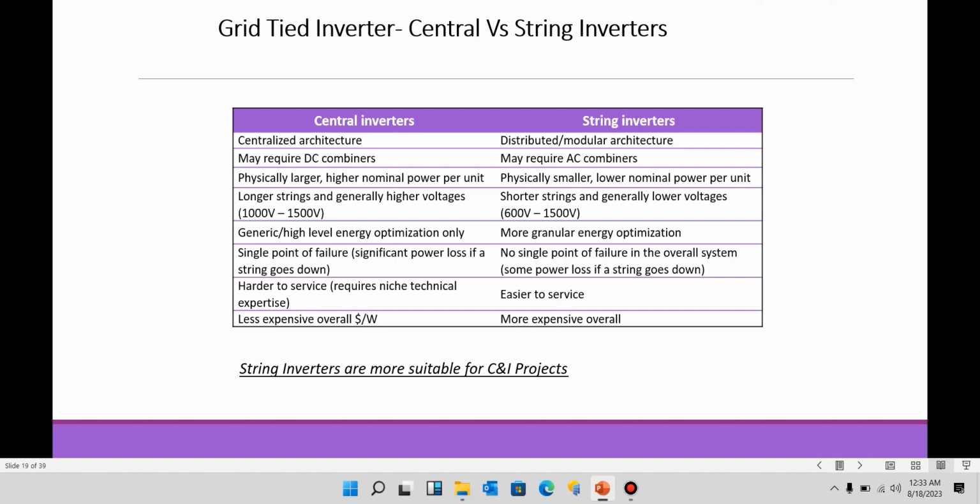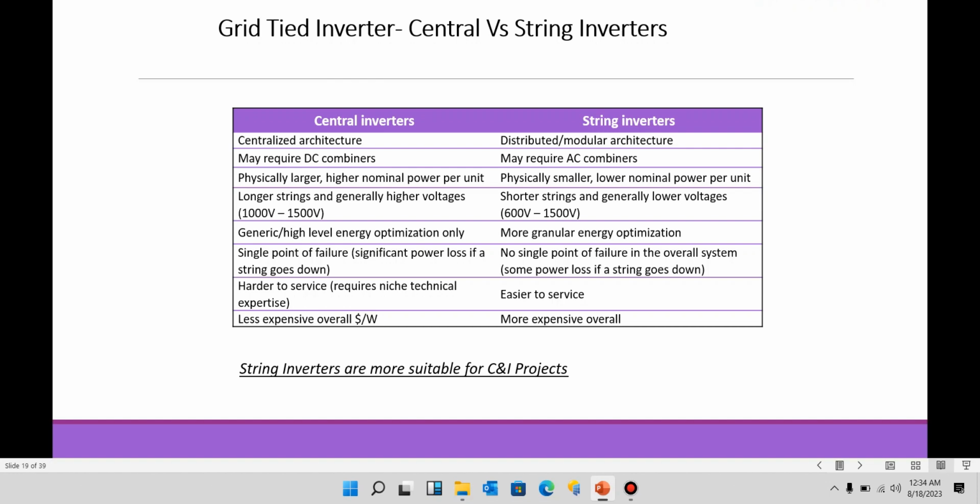The central inverter has a single point of failure. If the central inverter becomes faulty, a major portion of the solar plant will be shut down, whereas the string inverter has no single point of failure in the overall system, so only some power loss will occur if a string inverter goes down.